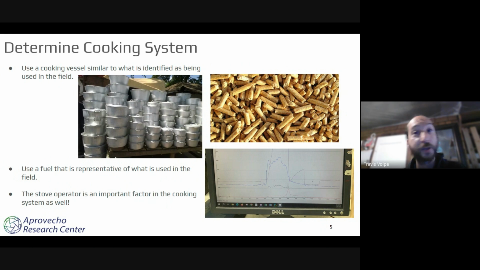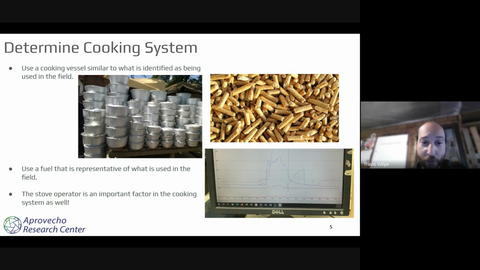Here in Oregon, we have Douglas fir all around us, so we tend to use Douglas fir pellets in the lab if we're testing a pellet stove. But in certain countries, there are many different recipes for pellet fuels, bamboo and sugarcane and many others that do perform differently in the stove. So testing the stove with local specific fuel is very important.